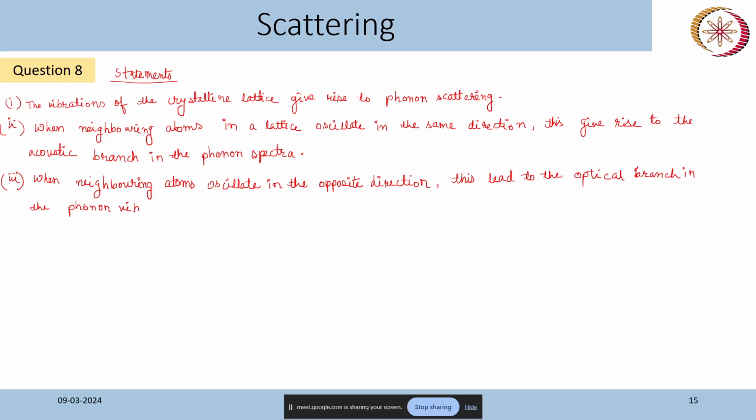The options are: A, statements 1 and 2 are true, whereas statement 3 is false.